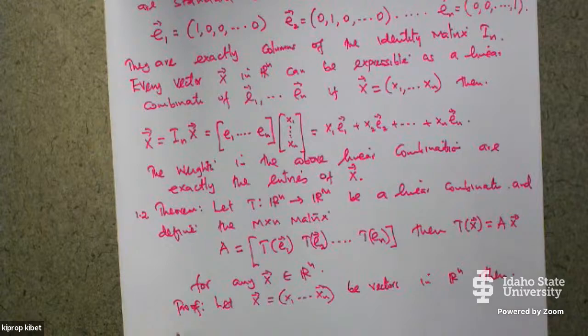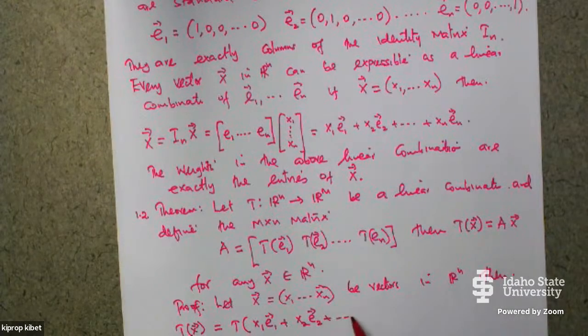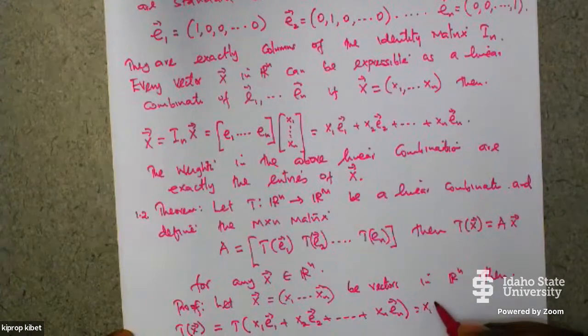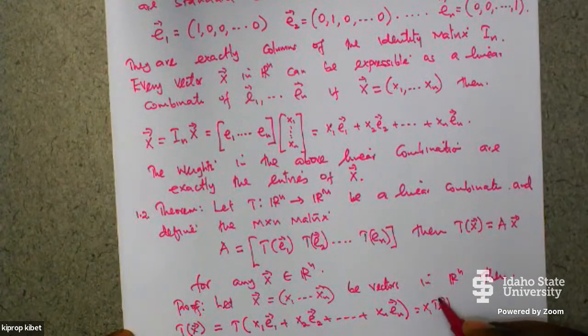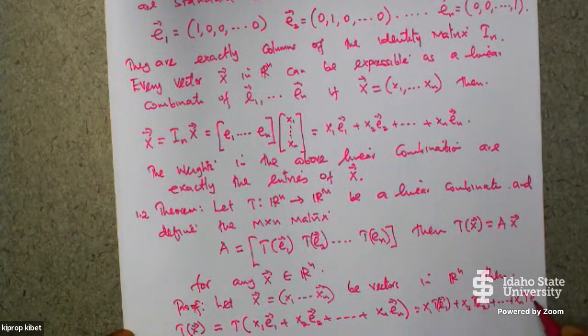Then T of X will be equal to T of X1 E1 plus X2 E2 plus Xn En, which is similar to taking the transformation inside: X1 T E1 plus X2 T E2 plus Xn T En.